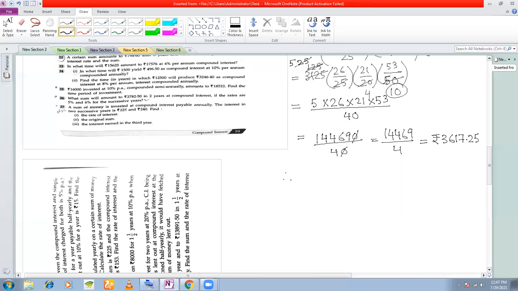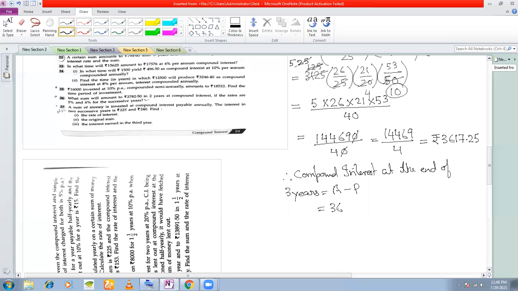So therefore, what is the compound interest at the end of 3 years? It is equal to amount minus principal.